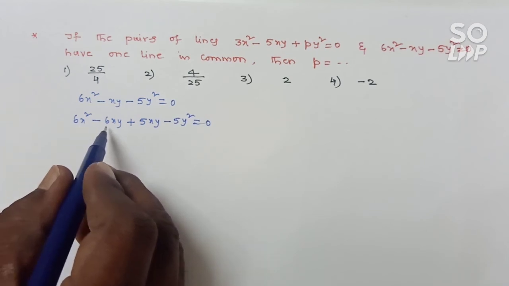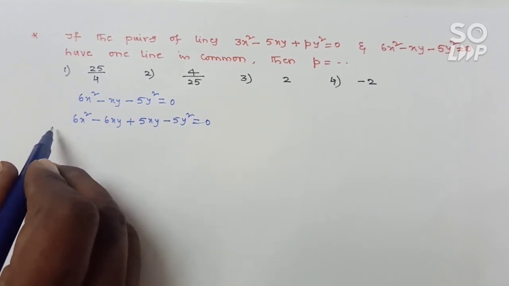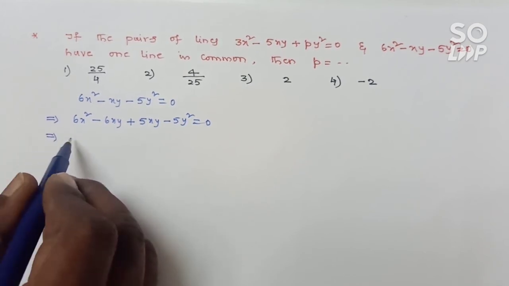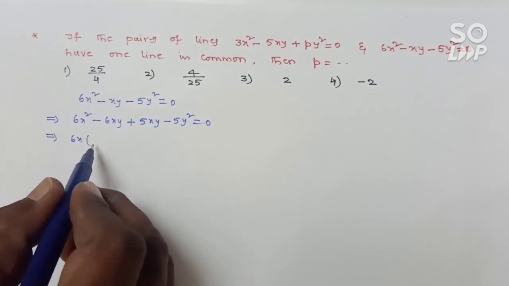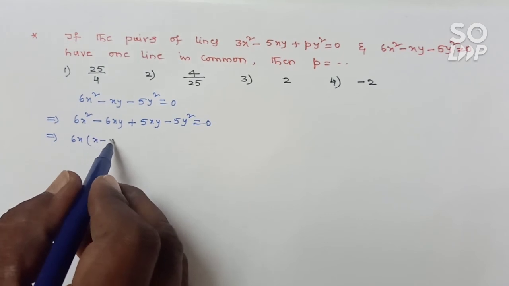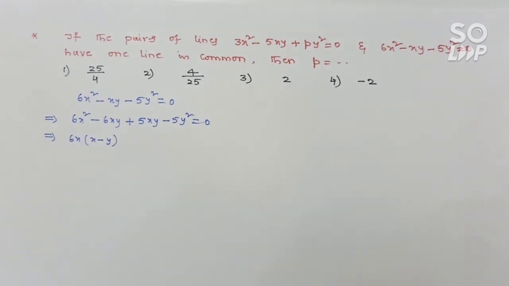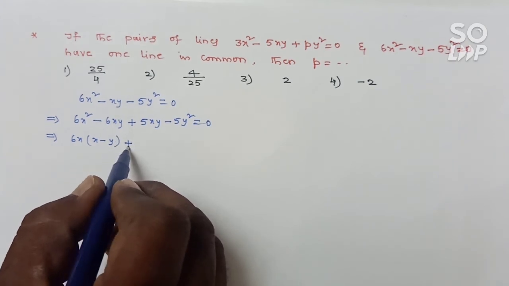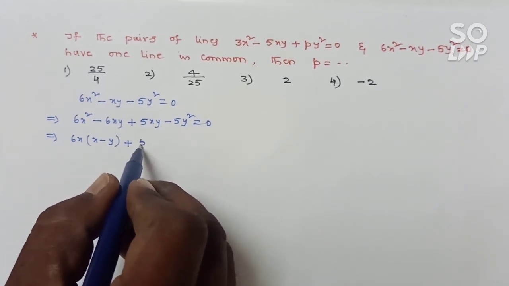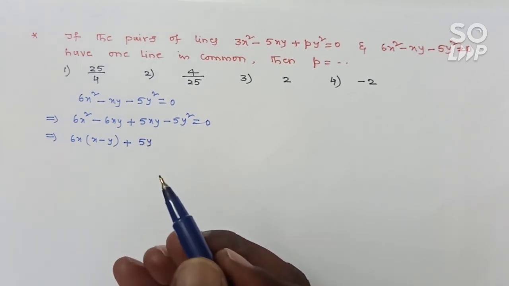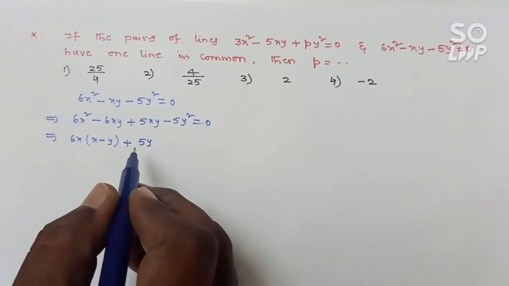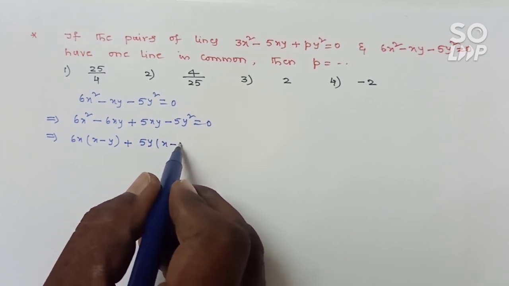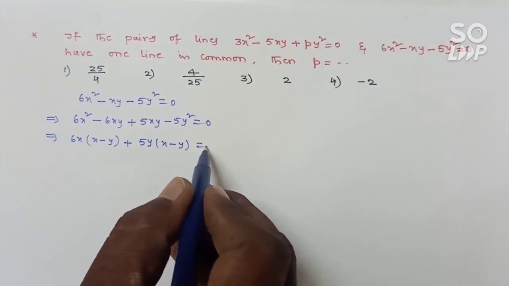Now in this one, from the first two terms you take 6x as the common factor. That implies 6x into (x minus y), plus, and from the next one you take 5y as the common factor, so here it is (x minus y) is equal to 0.